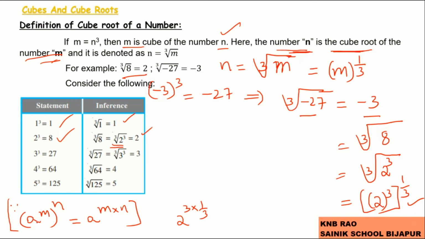So a power m whole power n is equal to a power m into n. When I multiply 3 by 1/3 it gives us power 1. So, 3 into 1 by 3 is 1. So, 2 to the power 1 is 2. So, that is how we got this.